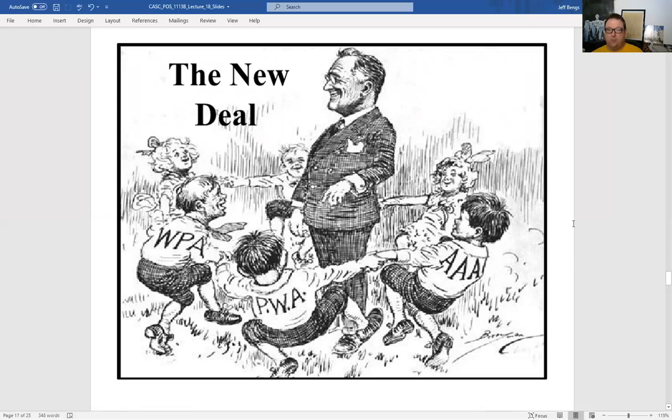Roosevelt brought in sweeping new legislation to alleviate the suffering of Americans. Roosevelt and his programs were so successful and so well received that he is the only president to serve more than 2 presidential terms. He served for 3 full terms.